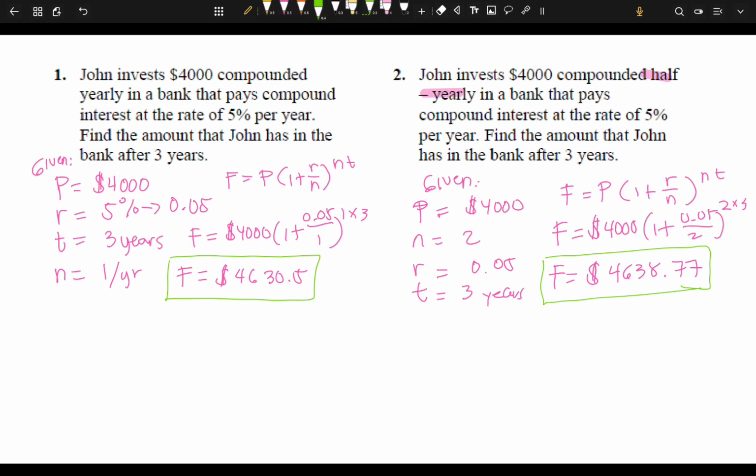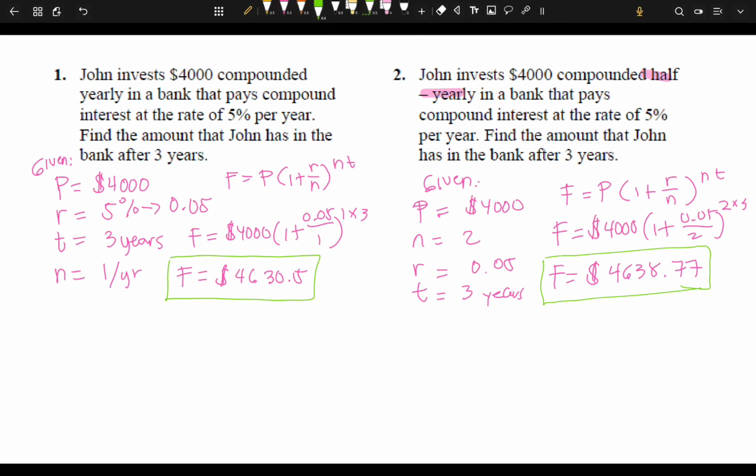Yan. So kung papansinin nyo, yung kinagandahan kapag yung sa length ng compounded niya or yung number of times compounded, mas maganda kung mas marami siyang compounded na interest kada taon. Kasi papansinin nyo, ito annually, ito semi-annually. Ito 4,630.5 ang kanyang naging future amount doon sa ating 4,000. Ito naman 4,638.77.